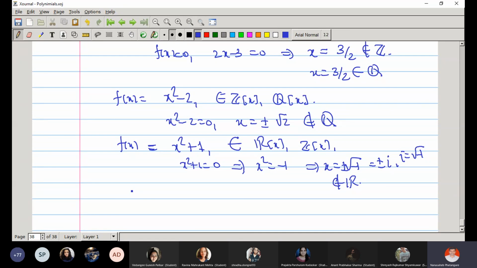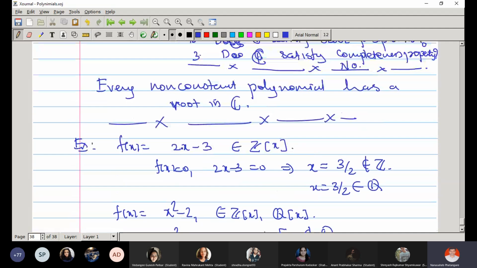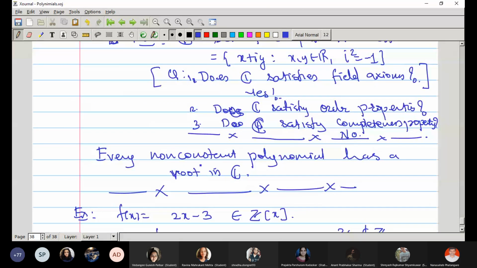So this is what the fundamental theorem of algebra says. You take a polynomial which should be non-constant. If I take the polynomial f of x equal to 5, then it has no root, right? A non-constant polynomial has a root in complex numbers. Yes, is the statement clear? Yes.